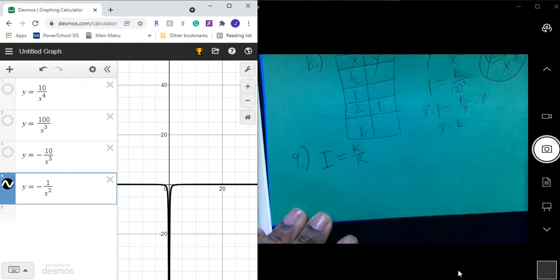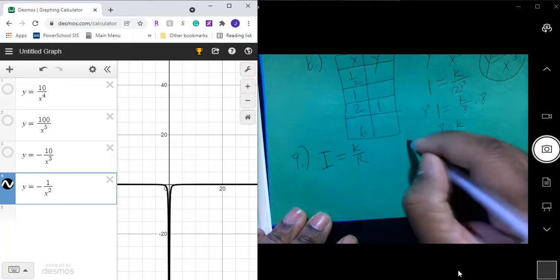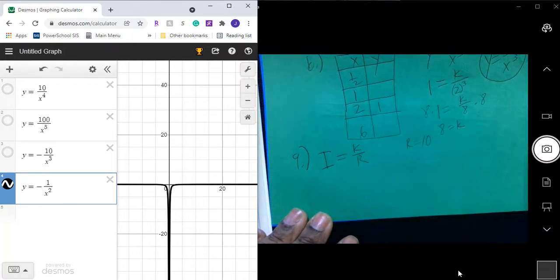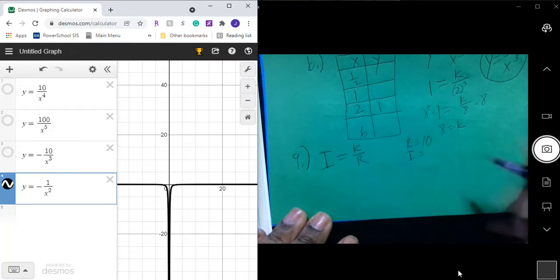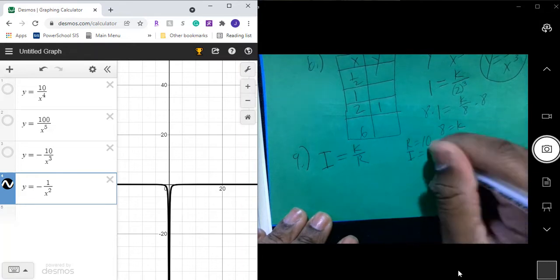Now, we're given that a current containing a resistance of 10 ohms. So we're given R is 10. And then it says it has a current of 12 amperes. So we have the I as well. So then that would be 12.